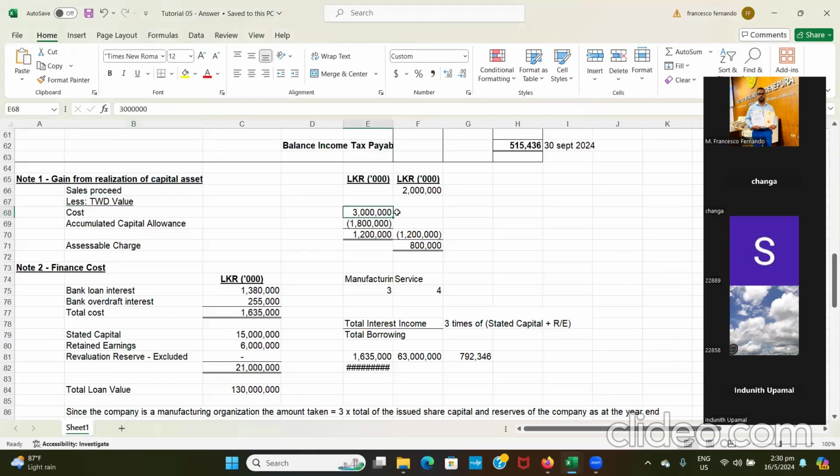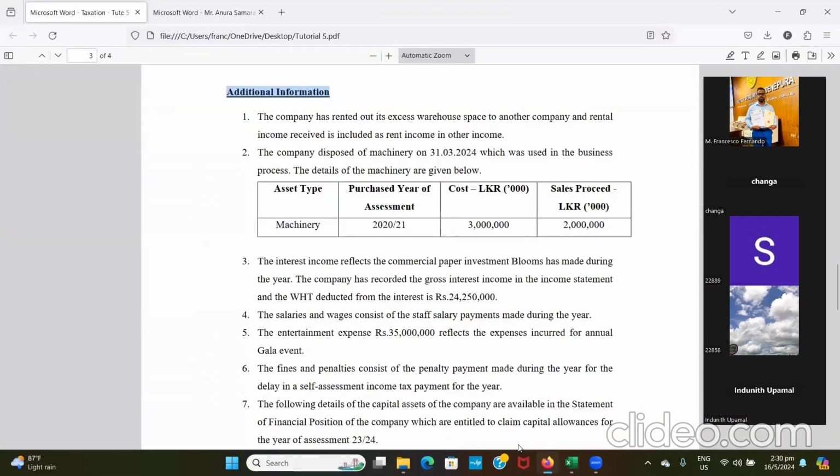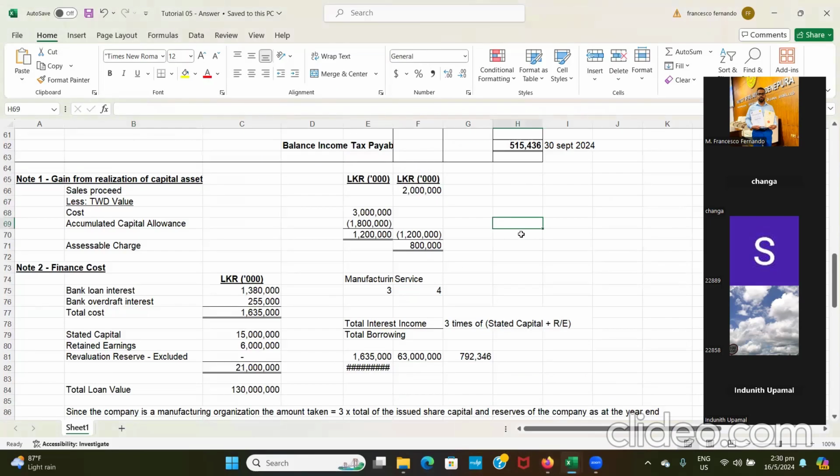We have the cost, 3 million, and we should find the accumulated capital allowance. Since this is a machinery, the cost is 3 million. There is a schedule for depreciation, which sometimes will also be shared with you by Changa.